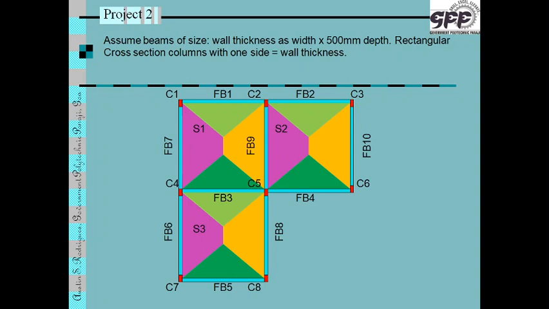So the difference between the previous project and this project is that the load on FB1 remains the same.